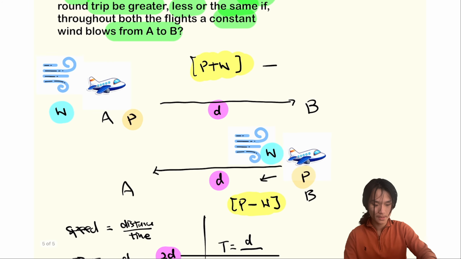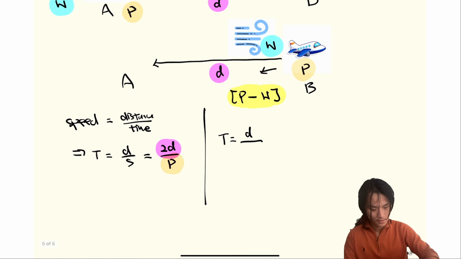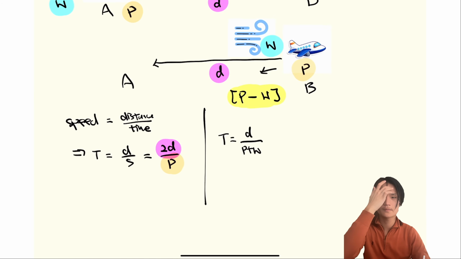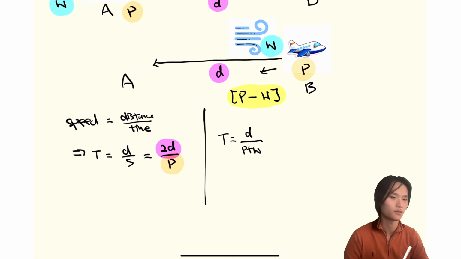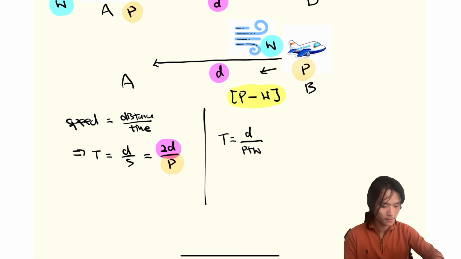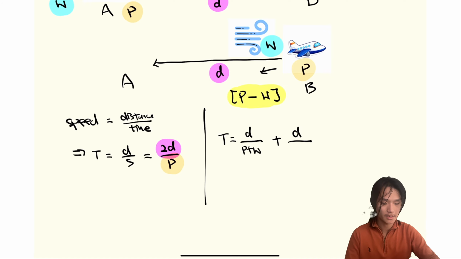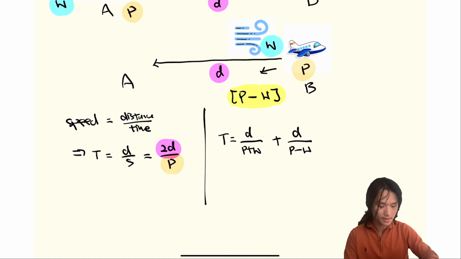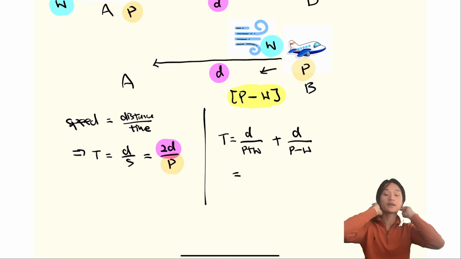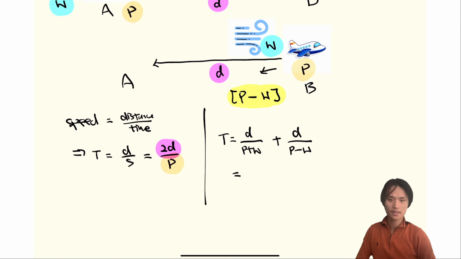Well, it's P plus W. And then the second part of the trip, the distance is also D, and this time the speed is P minus W. And we're really getting close to the answer now.